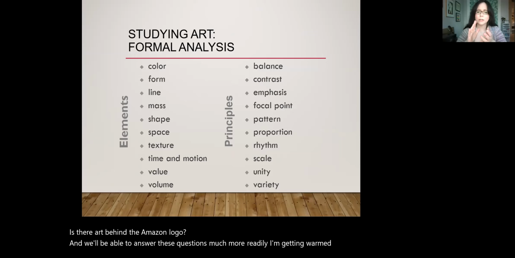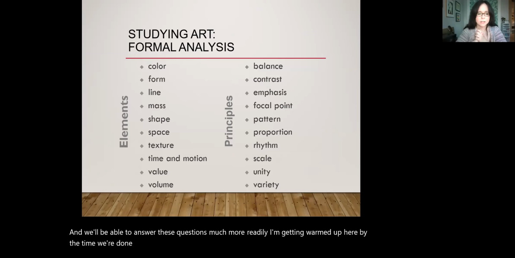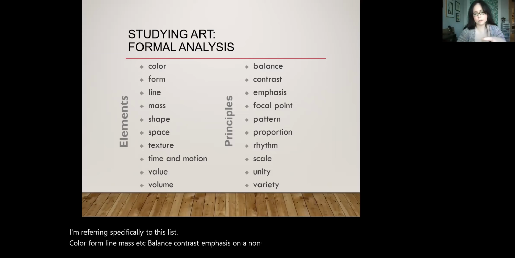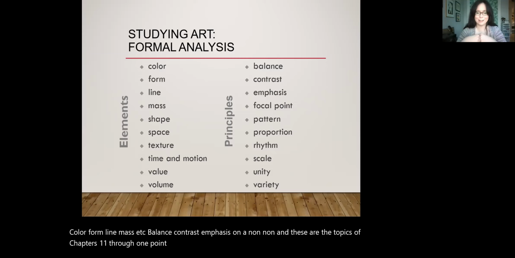By the time we're done with chapter 1.10, by the time you're taking test 1, you will know these elements on the left-hand side and principles. So in future prompts, when I ask for an element or a principle, I'm referring specifically to this list: color, form, line, mass, etc., balance, contrast, emphasis, on and on and on. And these are the topics of chapters 1.1 through 1.9 that we're studying starting next week.